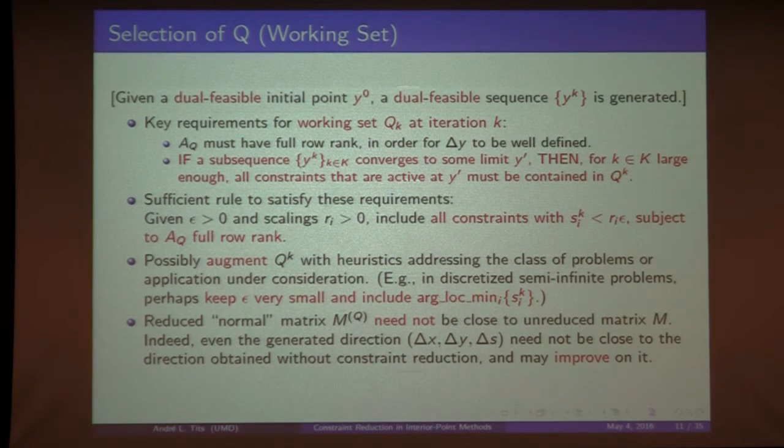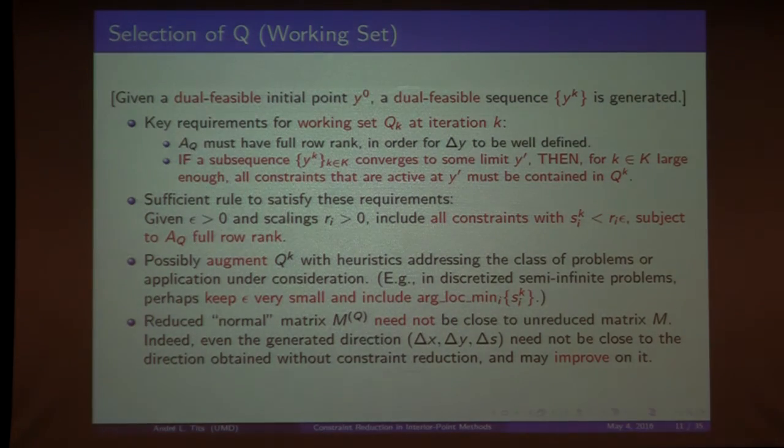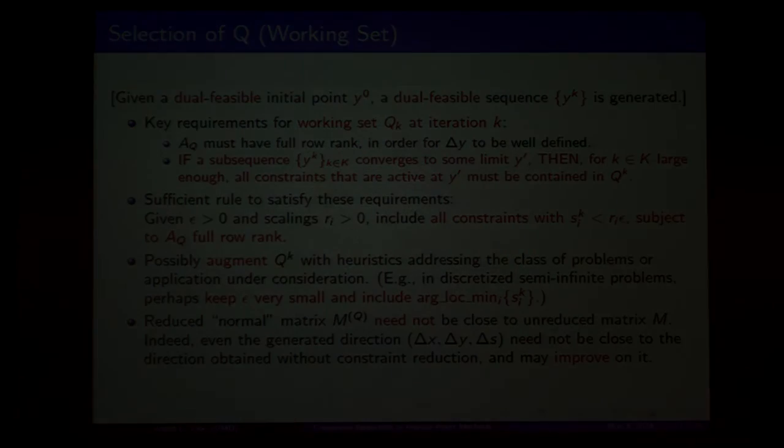So as you approach a point, in order for things to go well, you need to include all the constraints that are active at that point. Of course, you don't know where you're converging to, so you cannot implement that as is, but you should come up with a rule which will have that property.